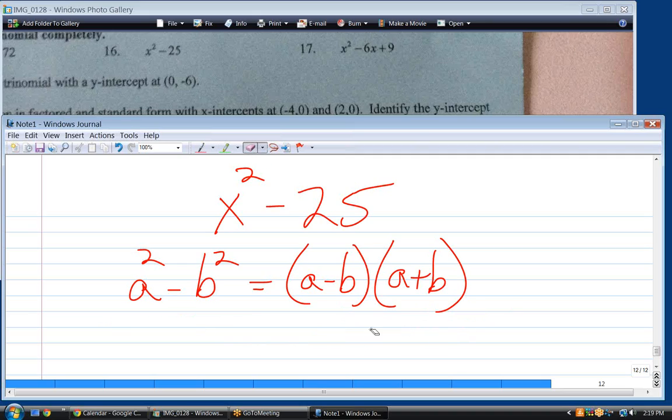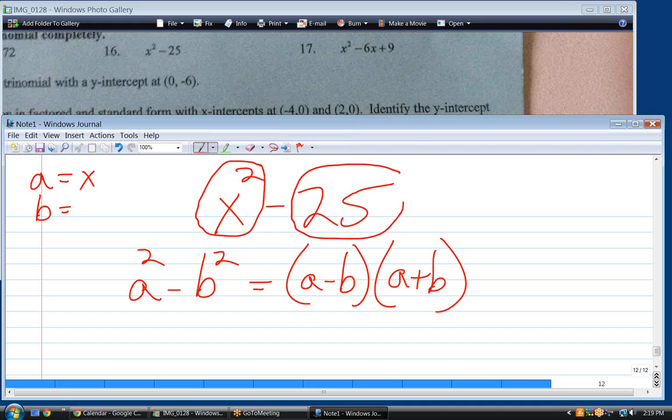Okay? So when we have x squared minus 25, all we have to do is figure out what is a and what is b. Well, what's a? A is x. A is the square root of that. What is b? 5.